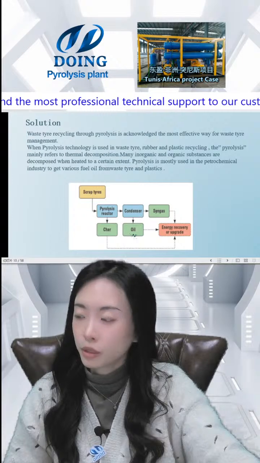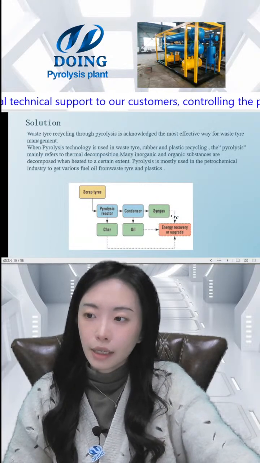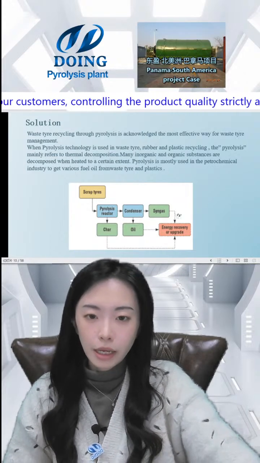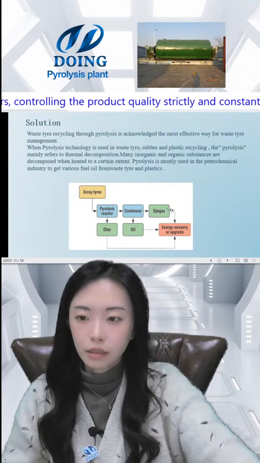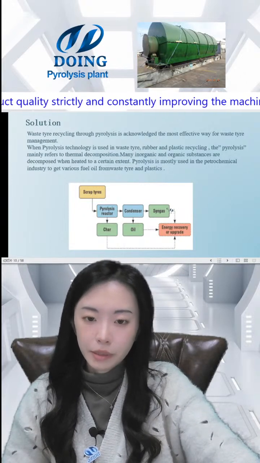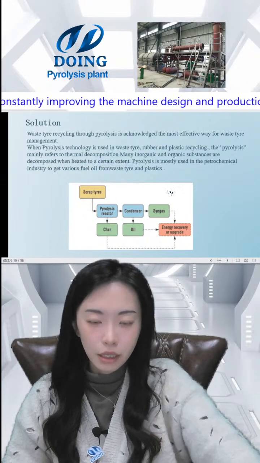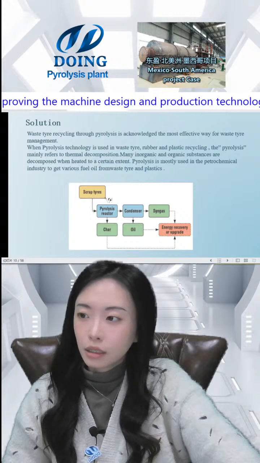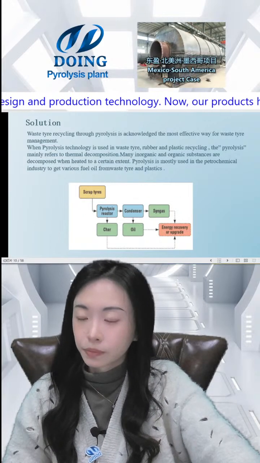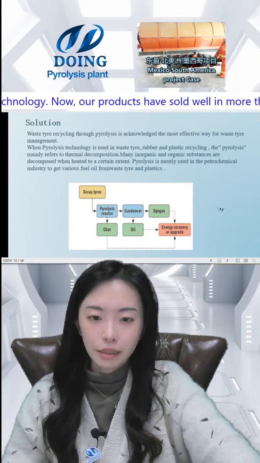This is the main product, the fuel oil. And the syngas is the other main product we can get. If you use waste tire, we can get 10% syngas, and we can use it directly to burn the reactor to save extra heating energy. This is a brief introduction of the technique.